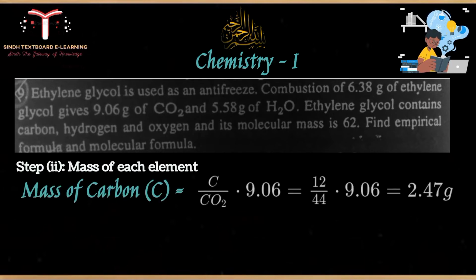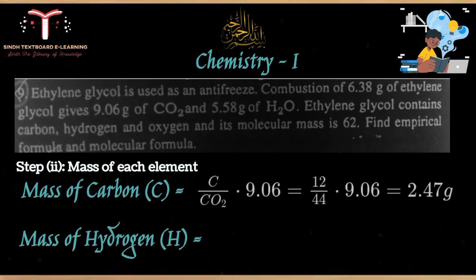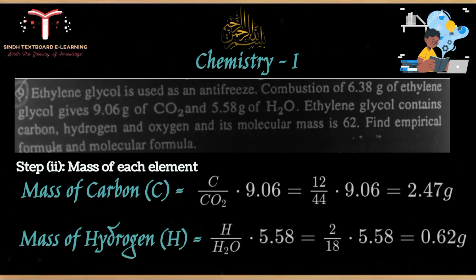We take the atomic mass of carbon divided by the molecular mass of CO2 and multiply it with the given mass 9.06, and we get 2.47 gram of carbon. Similarly, for hydrogen, atomic mass of hydrogen divided by molecular mass of H2O, multiplied by the mass 5.58 gram, gives 0.62 gram.